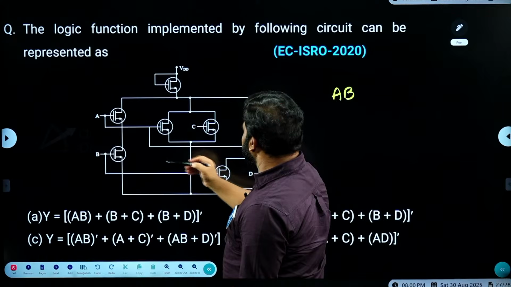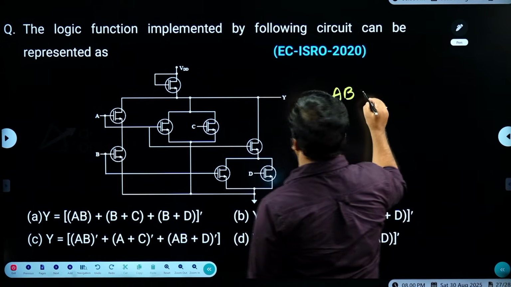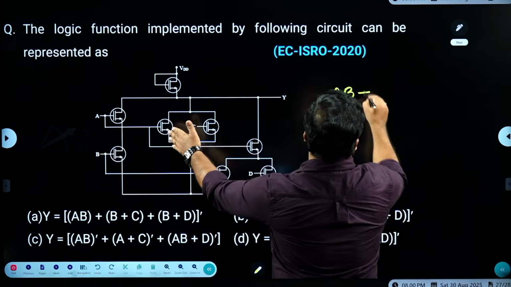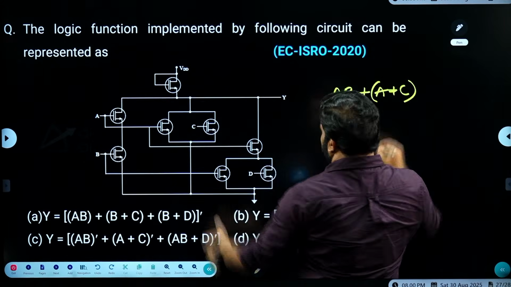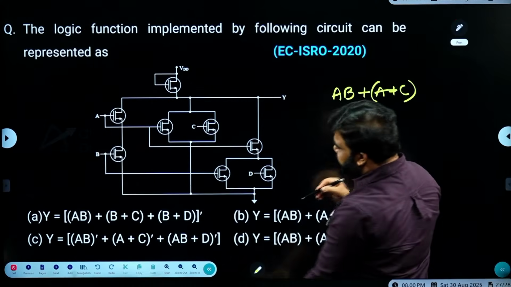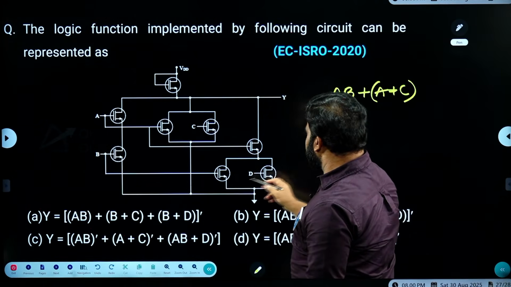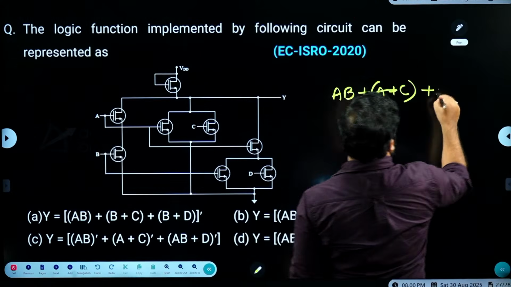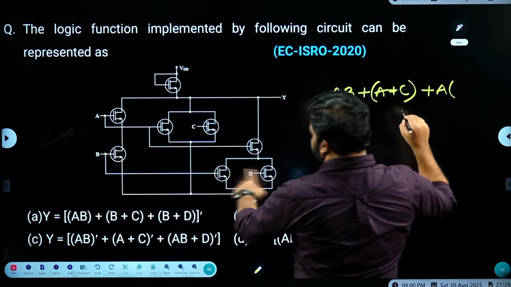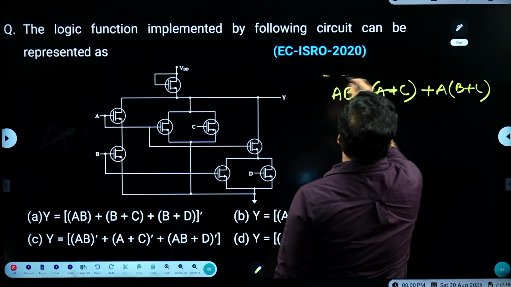It is A, it is C. So we are getting A plus C. So they are in parallel, it is A plus C. And after that, in this circuit, what do we have here? It is A, it is B plus D. So plus, because they are in parallel. So A and with B plus D, whole bar.